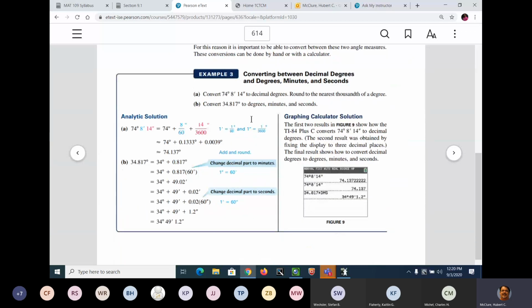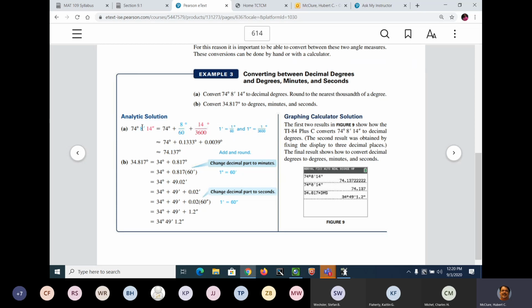There's how you do it. Now, I brought it back because a lot of people get confused about changing degrees, minutes, and seconds because they think you do it this way. This is when you change from decimal to degrees. This is where you change from degrees to decimal.